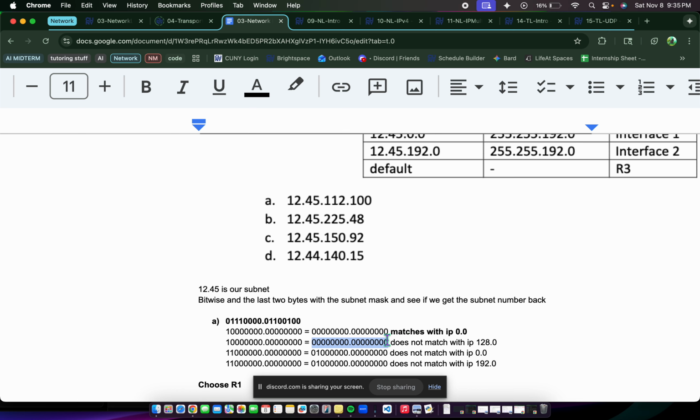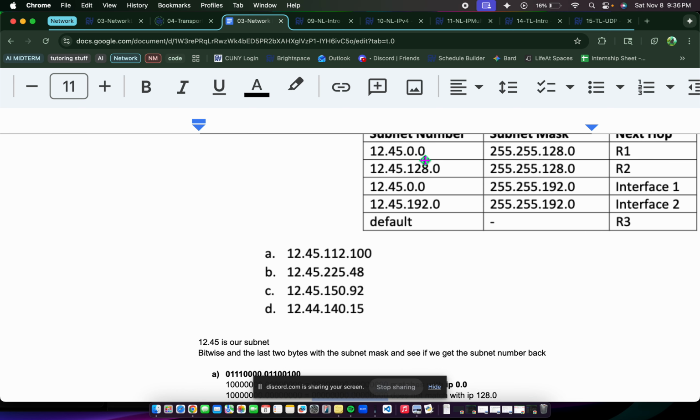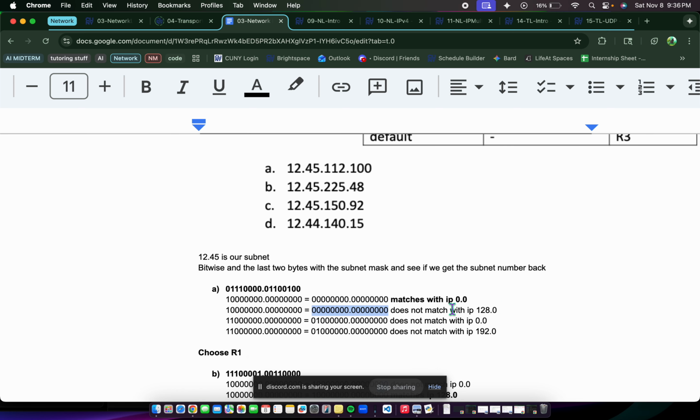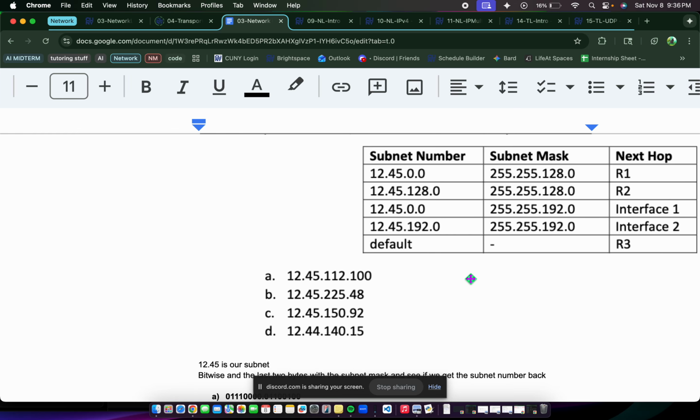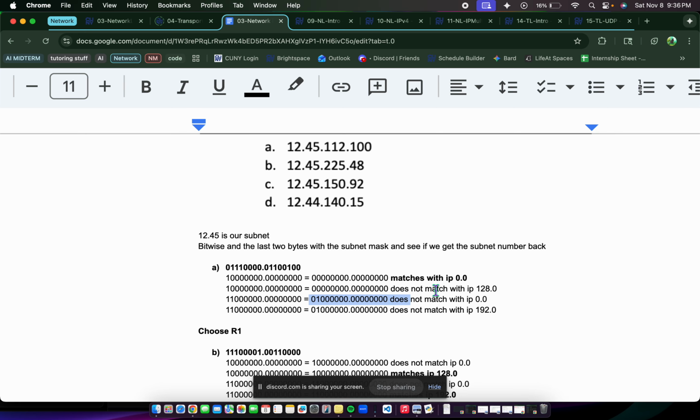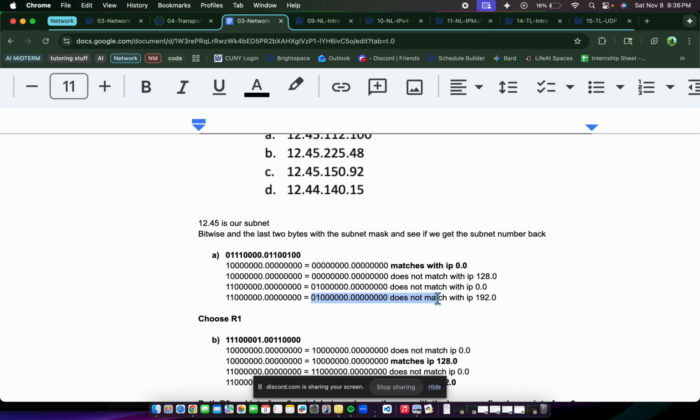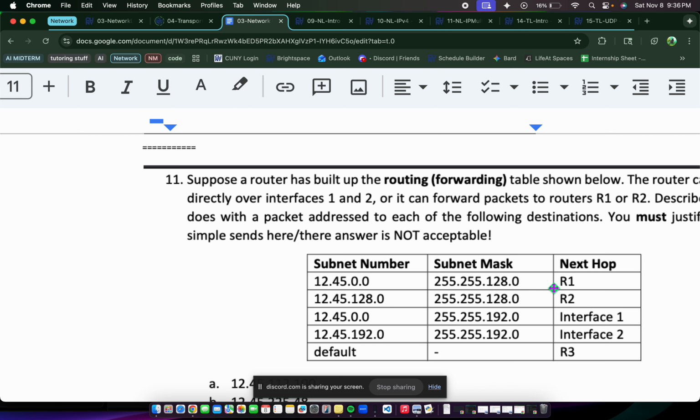Again, it's the same thing. This one I know for a fact is not going to match with 128. Now I move on to the 192. I bitwise AND that. This gets me 128, 64. That does not match with 0, 0. And then again, 64 does not also match with 192. This is the only one that matches. What does this correspond to? R1.